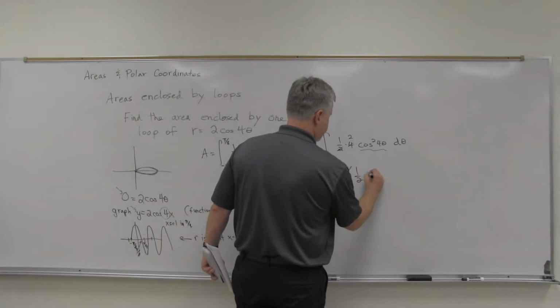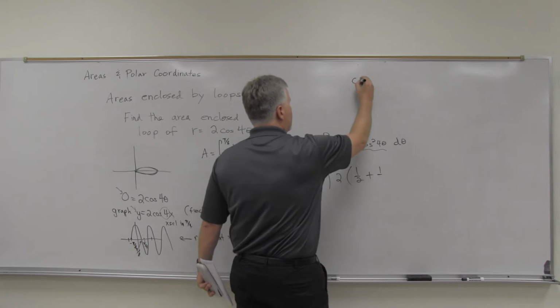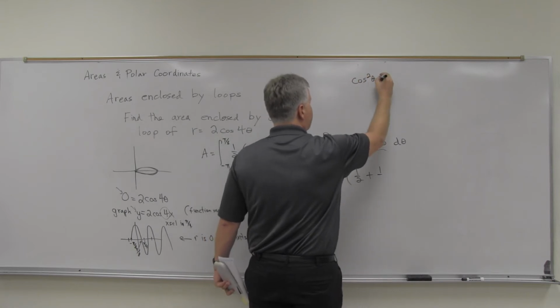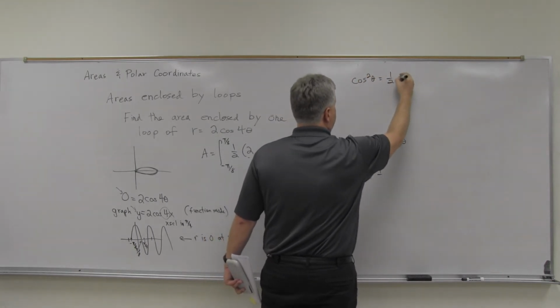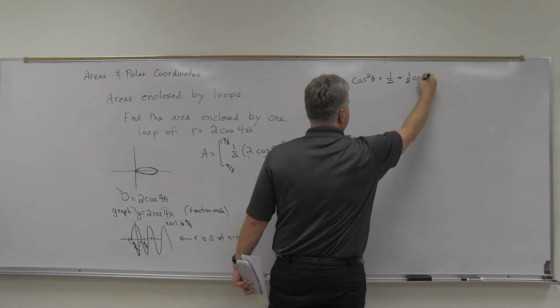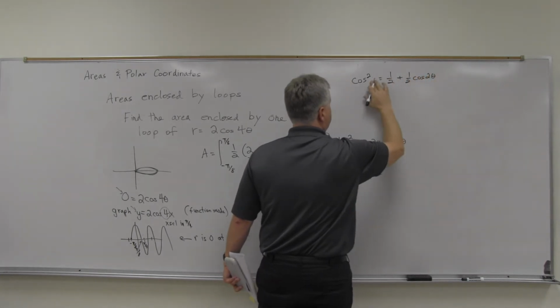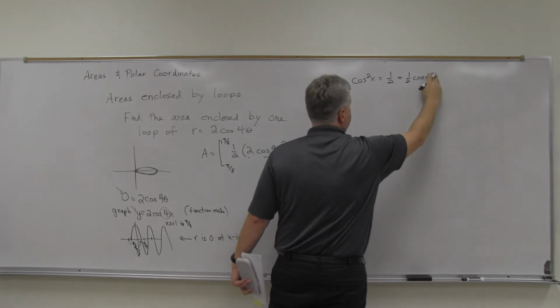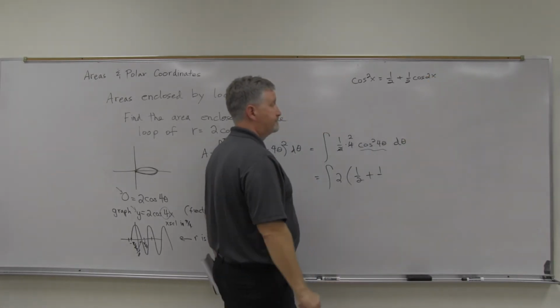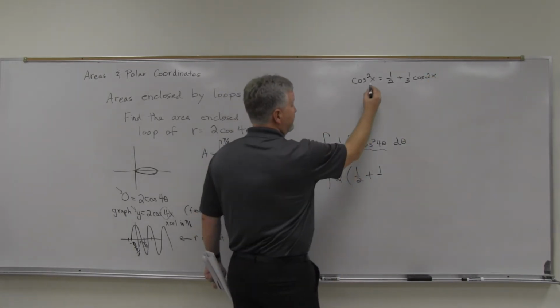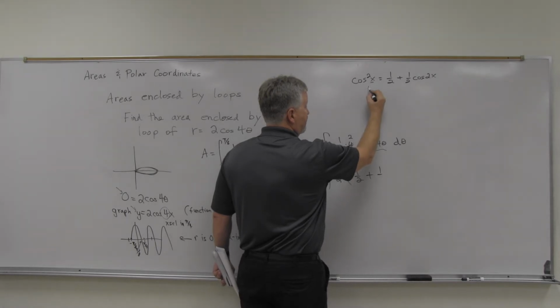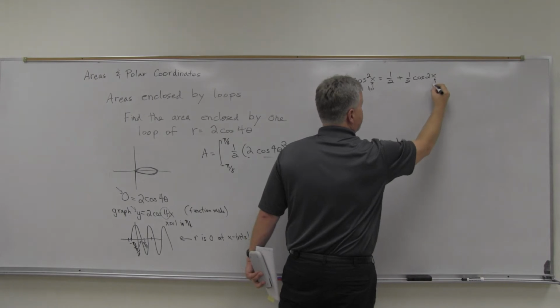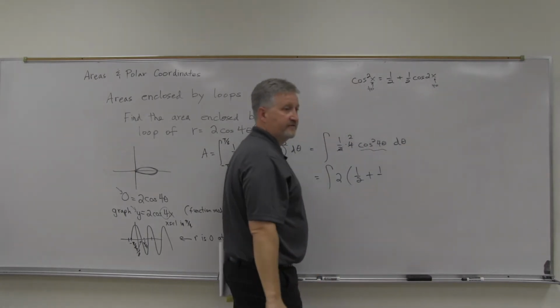Now, in this case, cosine squared theta equals 1/2 plus 1/2 cosine 2 theta. Or if I put an x there, might be helpful, because here, instead of x, I've got 4 theta, right? And so what will this be if that's 4 theta?